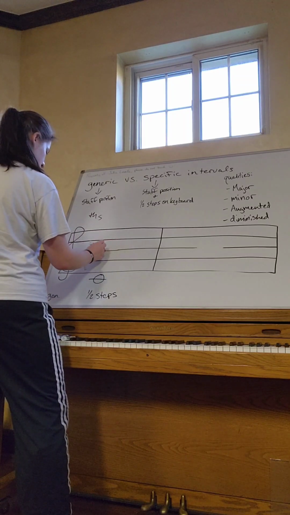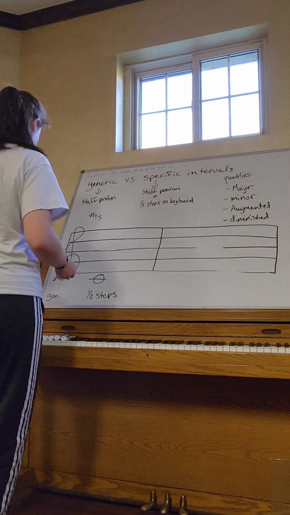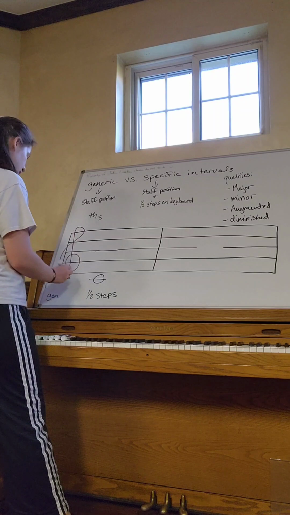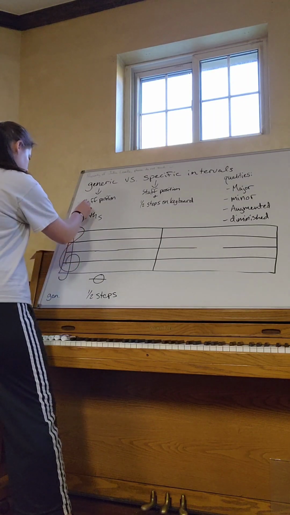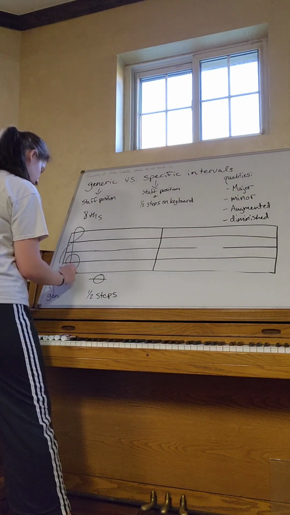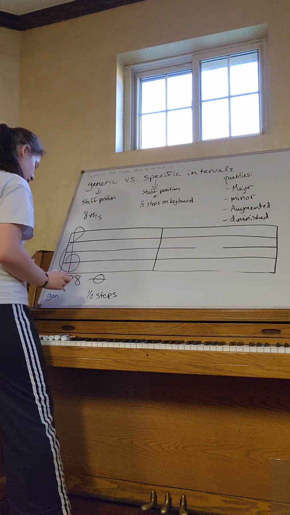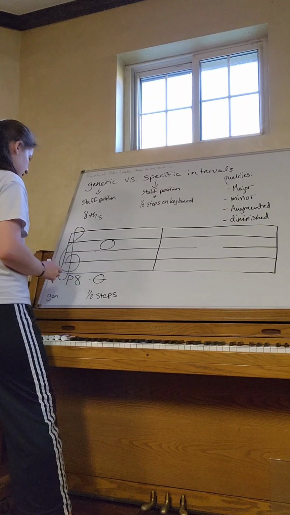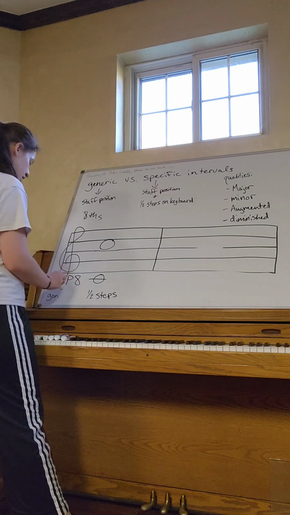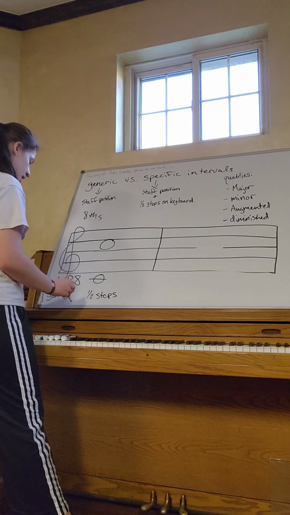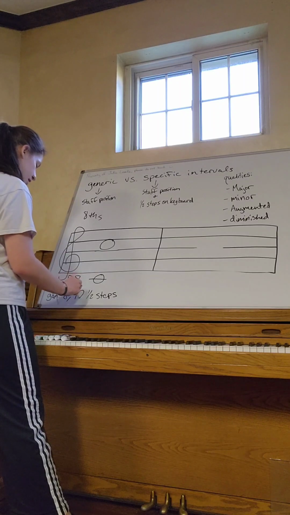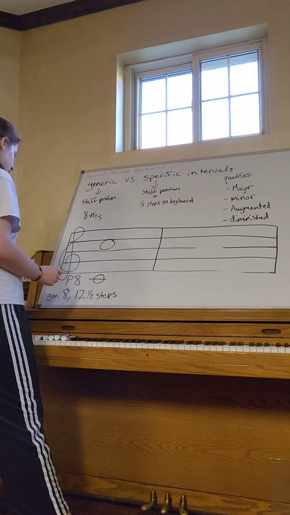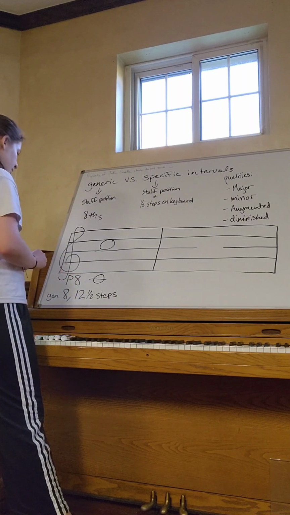So an eighth, or an octave, is referred to as perfect. So it's a perfect octave eighth. So that means C to C. It is a generic eighth on the staff, and it is 12 half steps on the keyboard.